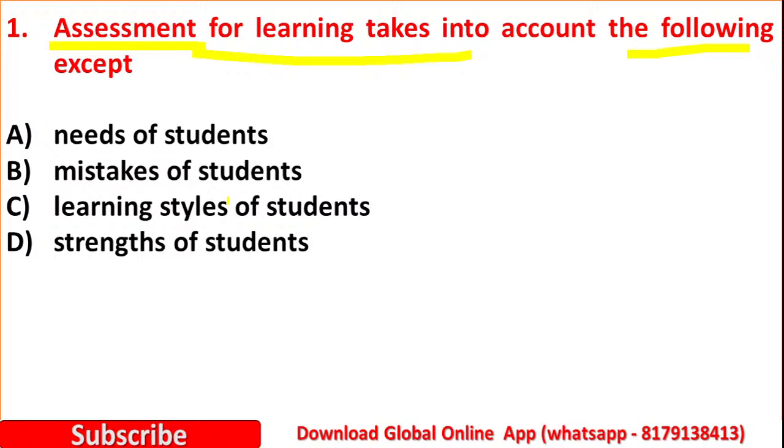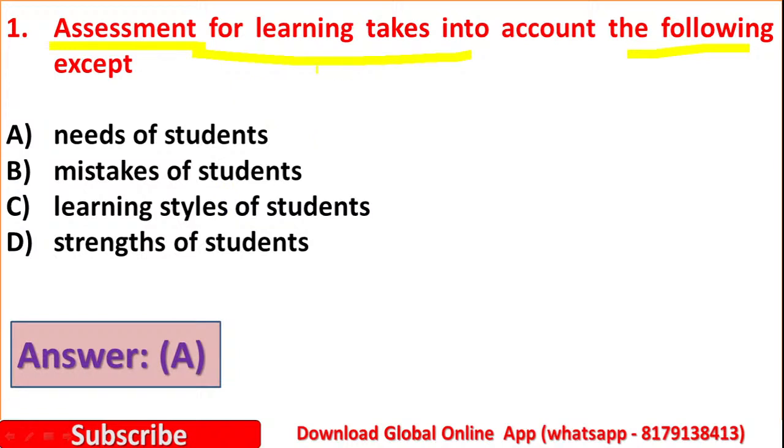So just now we have discussed about the assessment. So assessment for learning is according to the needs of the student. It is also known as the formative assessment. So this is prepared according to the needs and requirement of the students. So here option A, needs of the students, is the right answer.